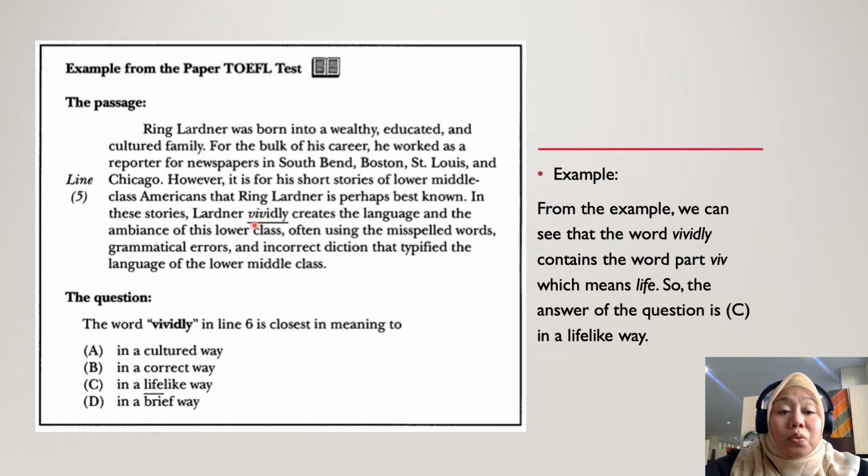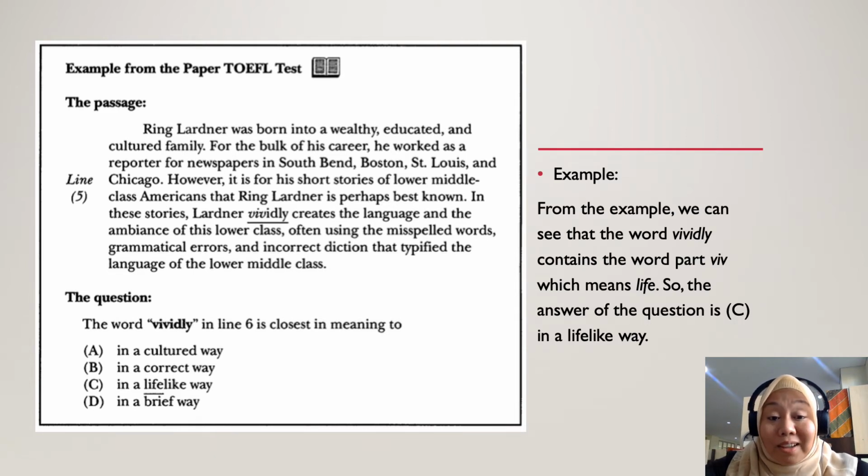What does this word mean? Okay, if you remember what viv means, viv means life, right? So the answer to the question is, for vividly, in a lifelike way, because as you remember, viv means life.